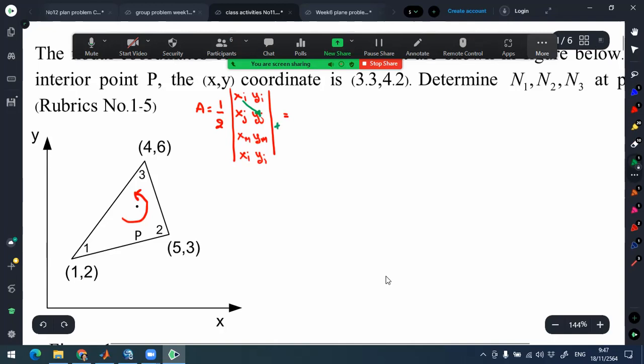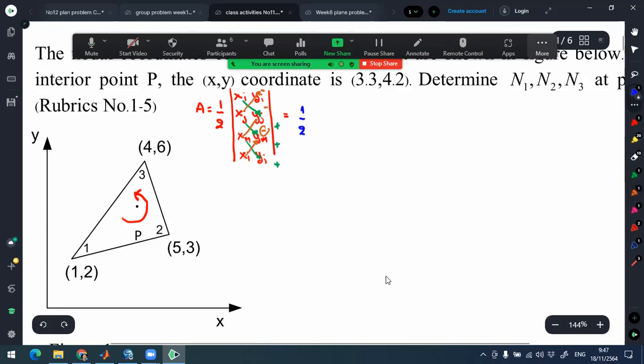Down is positive, up is negative. So if we know the coordinates, for this case it is equal to what?